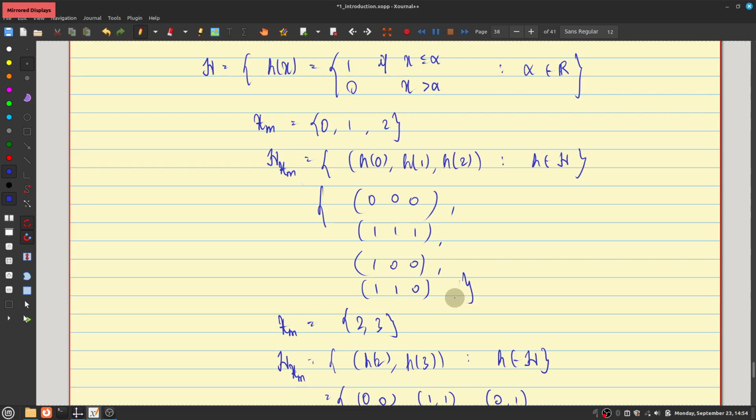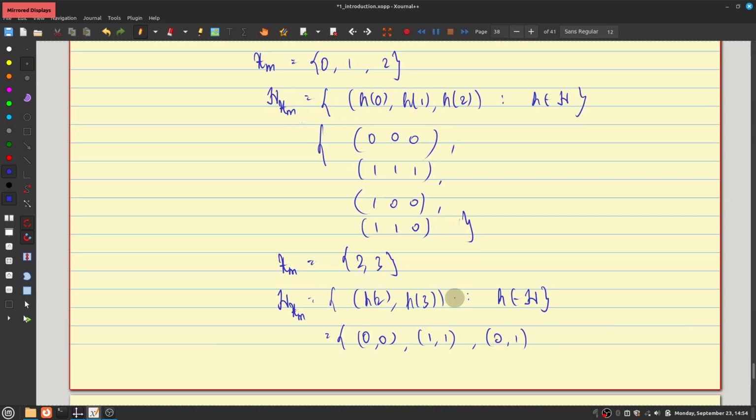Is it possible? It's not possible, right? What about 1, 0? Take any alpha which is between 2 and 3, I'm going to get it. So once again, H does not shatter this particular set.